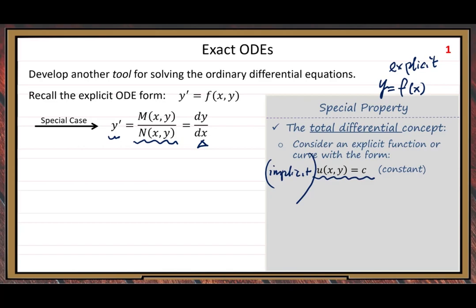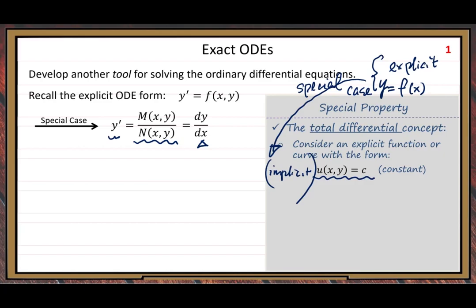You can treat the explicit function as a special case. The implicit form is more general than the explicit form, because only a small portion of implicit forms can be converted to explicit form.